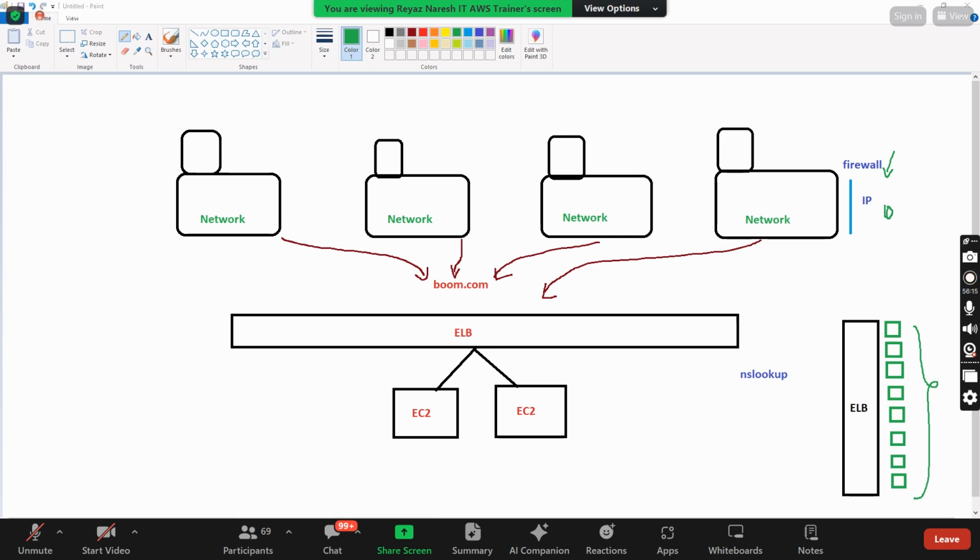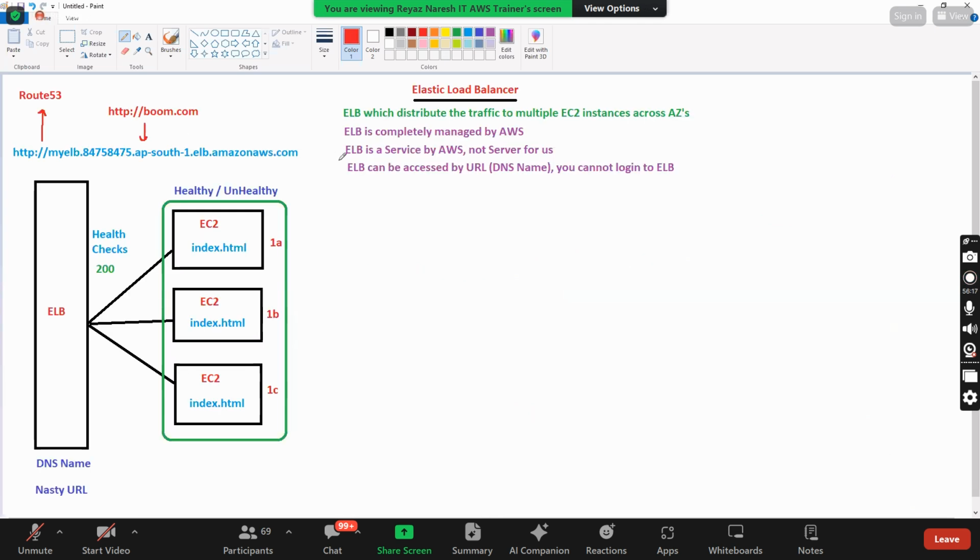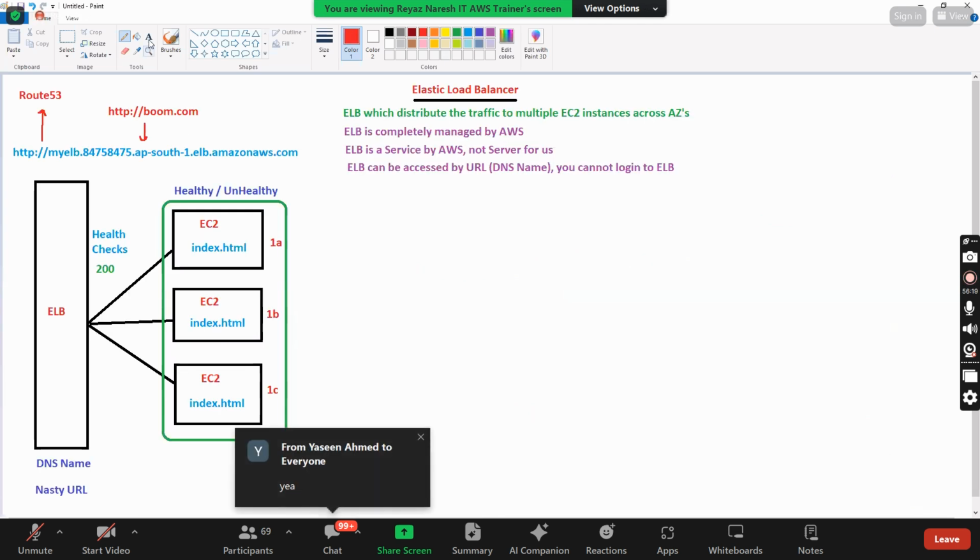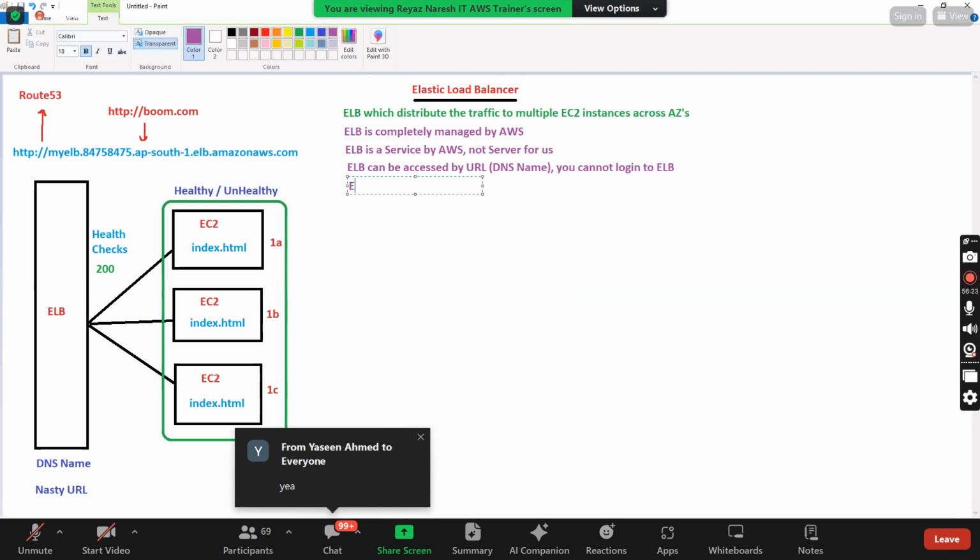So now I'll just go here and type: ELB has the IP address, but those IPs are dynamic.